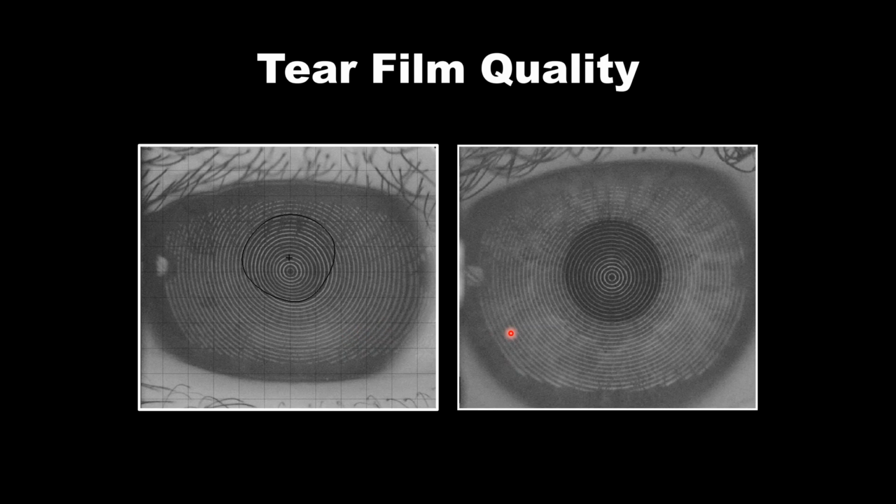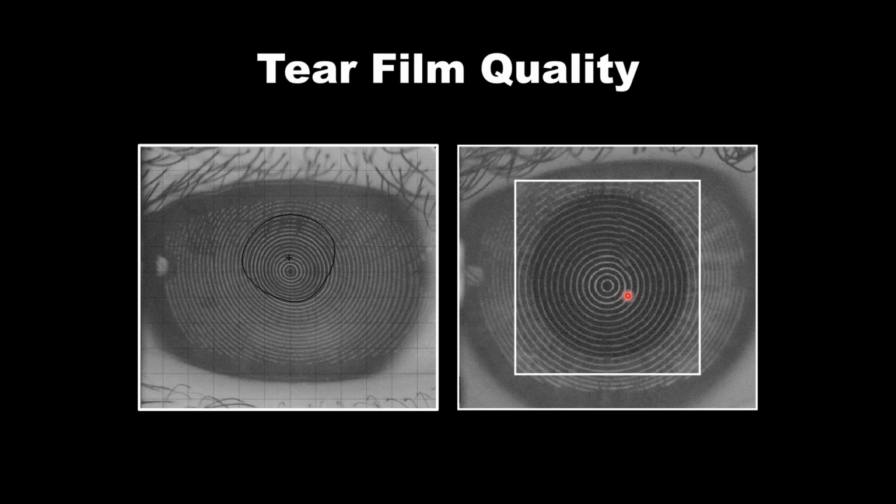Now when you compare that to this one, on cursory glance you'd say, well, this looks pretty good, but if I zoom in on the center, you'll notice this is ring number 1, 2, 3, 4, and then 5, 6, 7, 8, and a little bit of the next few begin to break up and distort.